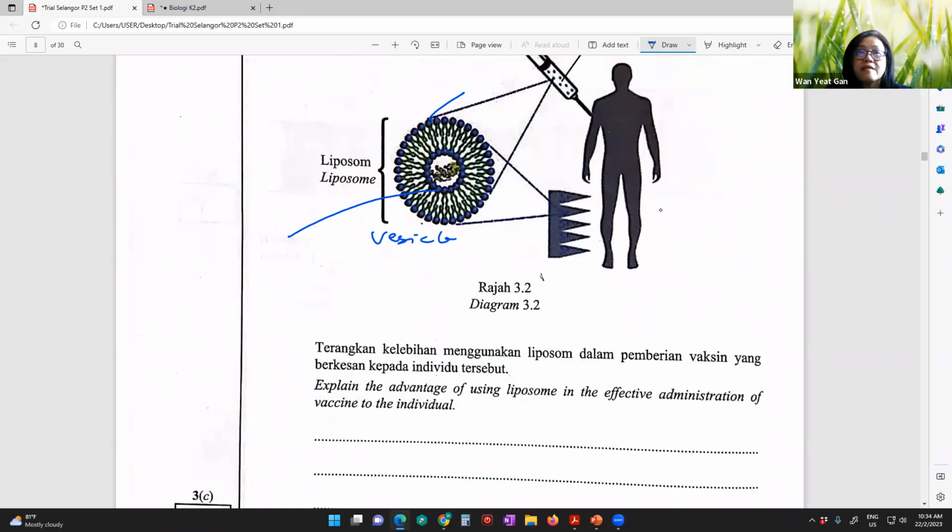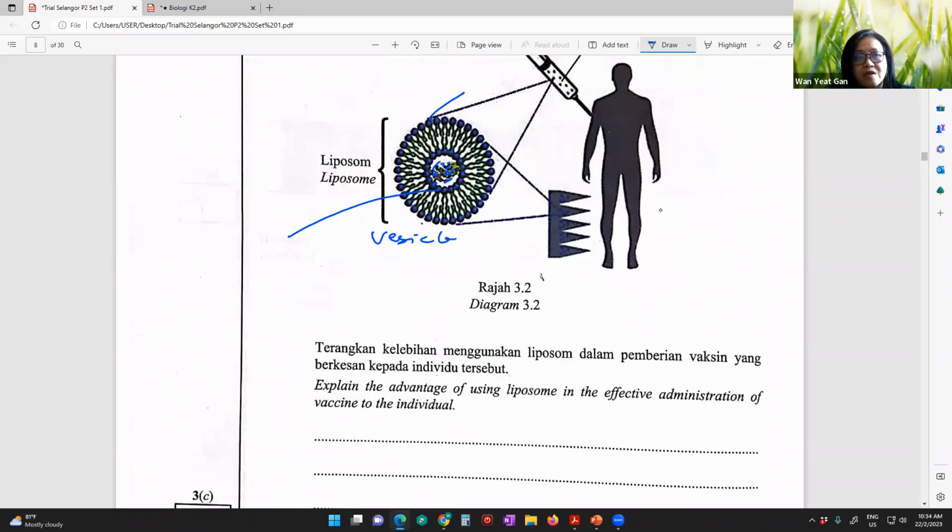This vesicle will allow certain drugs, medicine or vaccine to be transported to the targeted cell without being destroyed. We want to ensure that whatever we put inside here can be transported without damage. This one is an aqueous solution here.